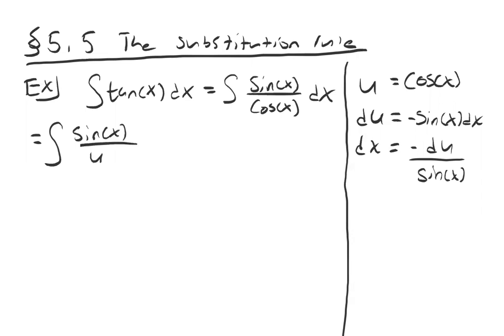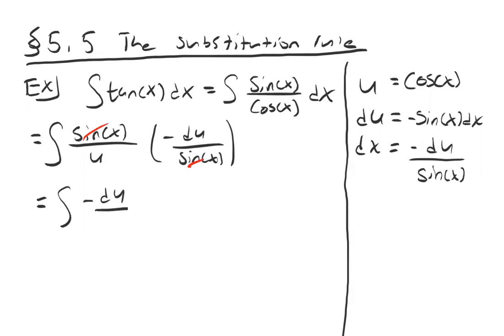Cosine of x is now my u. dx is minus du over sine of x. When I do some simplification, you can see this works because the signs cancel. I'm left with the integral of negative du over u, which I'm going to write as minus the integral of 1 over u du. And this is one that I know the antiderivative for.